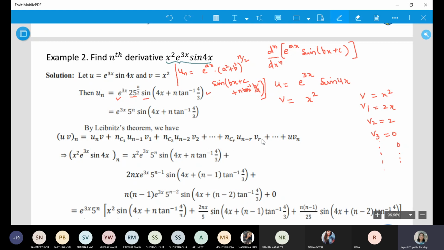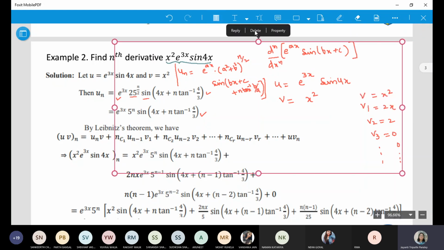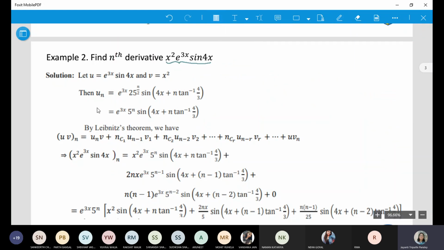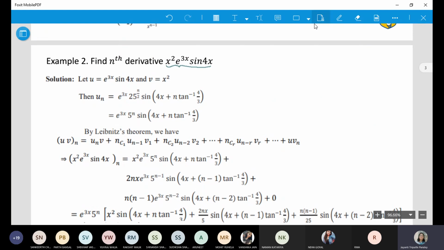Directly from the formula, this is your un. So when you simplify, it is e to the power 3x, 5 to the power n, sine of 4x plus n tan inverse 4 by 3. I hope you are able to understand this part. Ask if you have a doubt. Okay, so let me clean this because I need space. So this is your un.